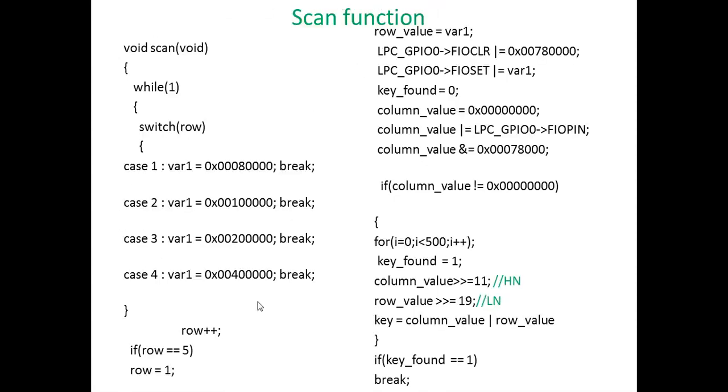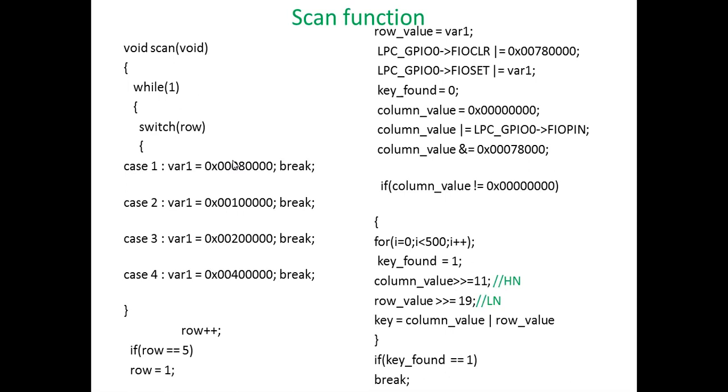This is a scan function. It's a void scan, so it doesn't return anything to the main program. While 1, we are using a switch statement, and in the switch statement there are 4 cases. In the first case we are loading a variable 1 with the value 0x00080000. This corresponds to activating the first row of the key matrix.